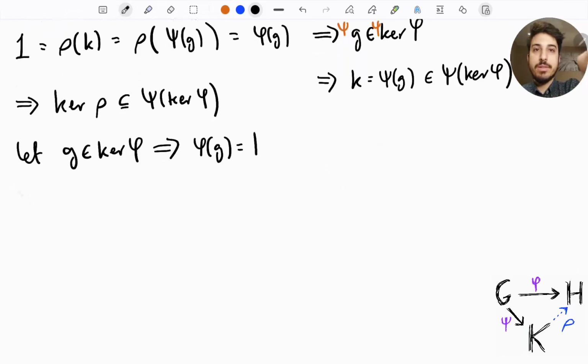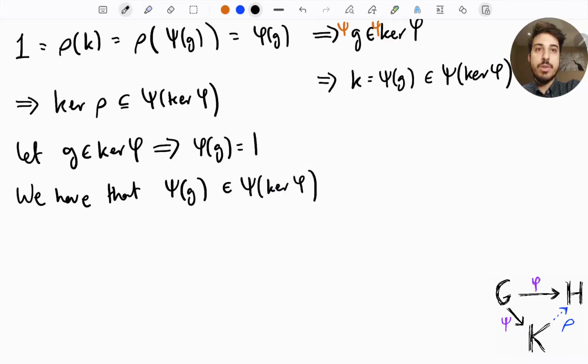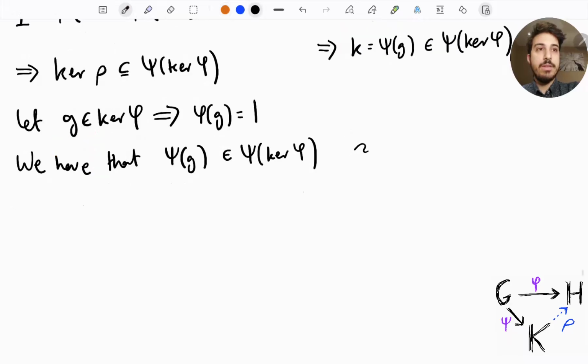We have that psi of g is an element in psi of ker of phi, because all you did is apply psi on both sides, and the identity is equal to phi of g, but phi is equal to rho of psi of g.